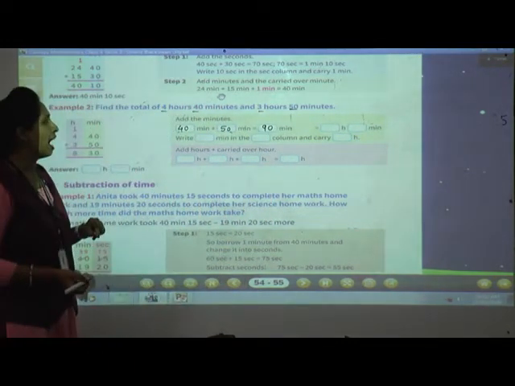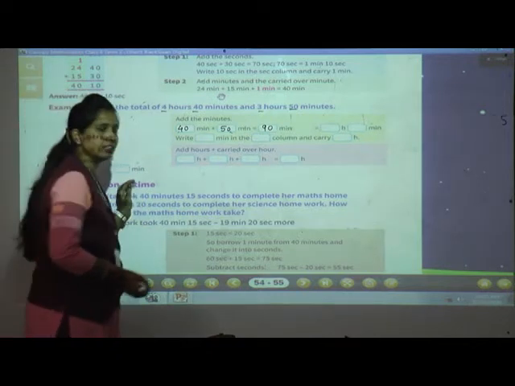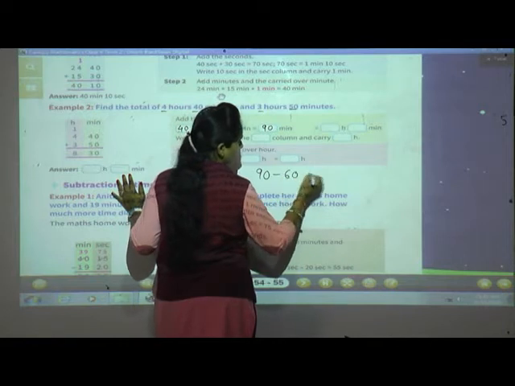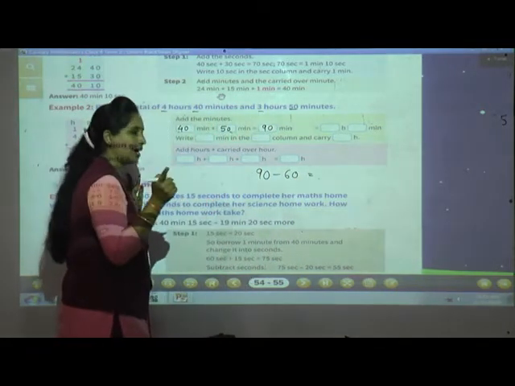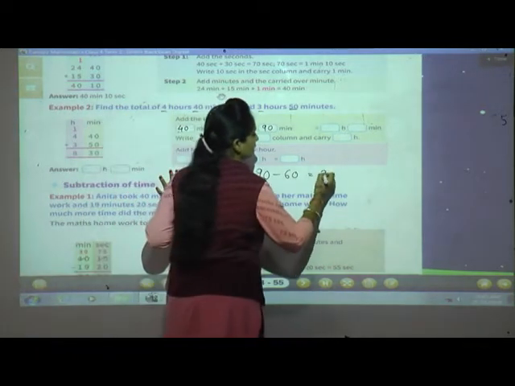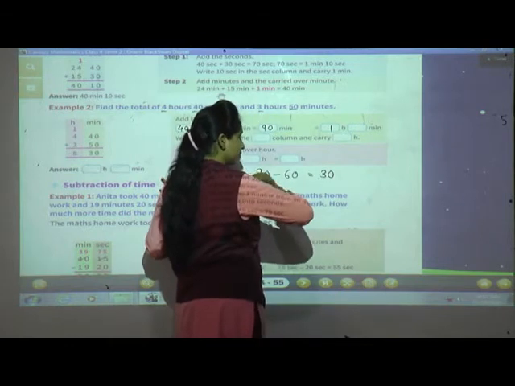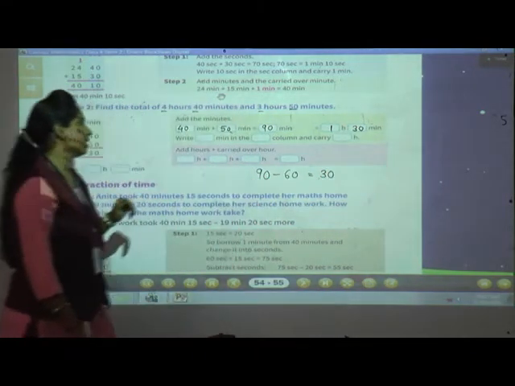So 40 plus 50 is 90 minutes, isn't it? So how many hours and minutes are there in 90? See, if you subtract 60, because 60 minutes is equal to 1 hour, we get 30. It means in 90 minutes we have 1 hour and 30 minutes, isn't it?